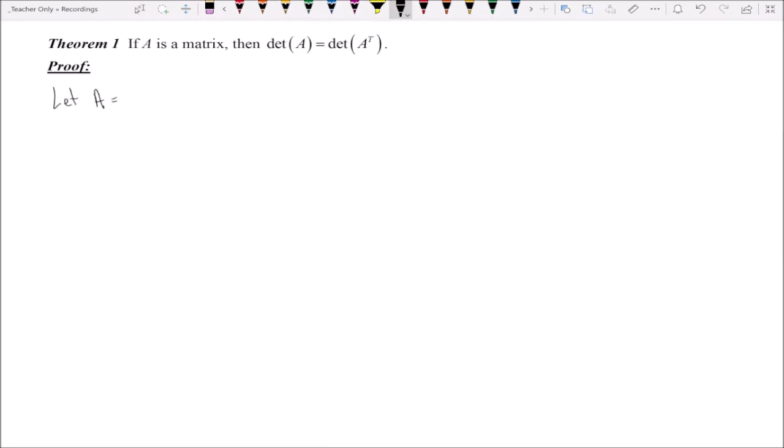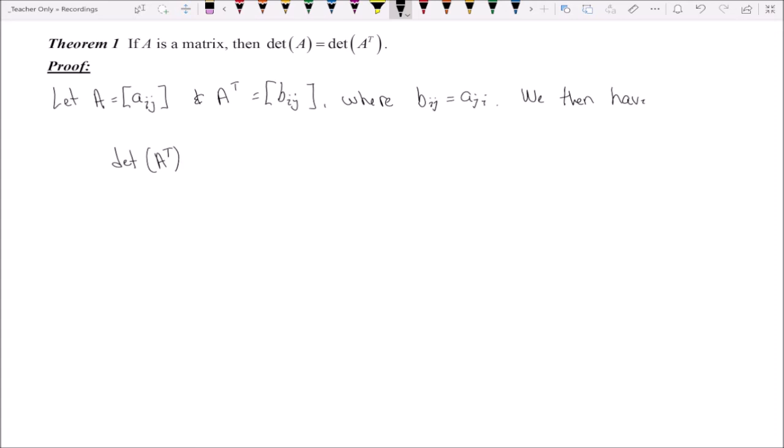we define the matrix A as Aij and the matrix A transpose as Bij, right? Where Bij is Aji. It's the transpose, so you just flip column and row. What we then have is the determinant of A transpose.